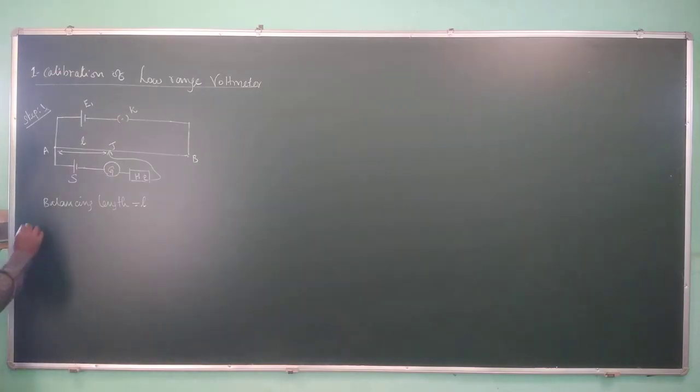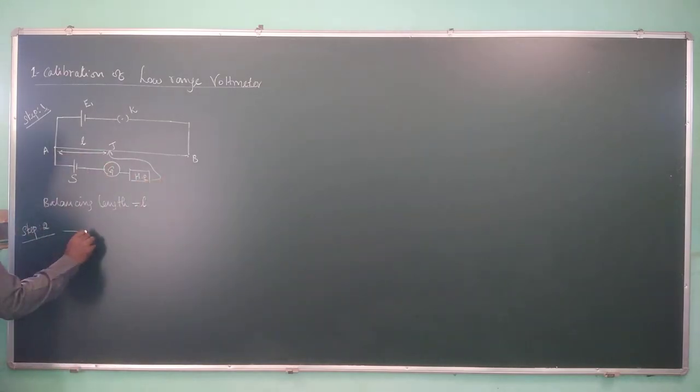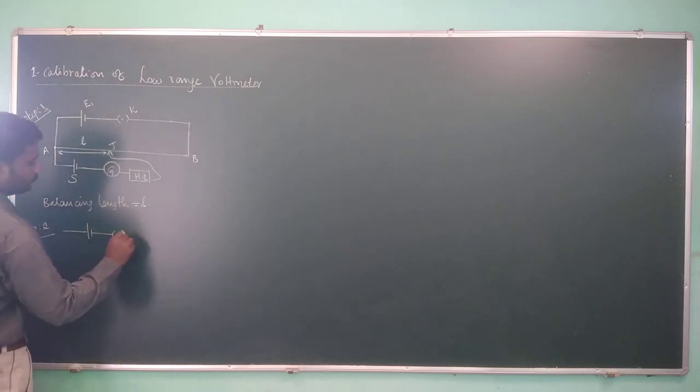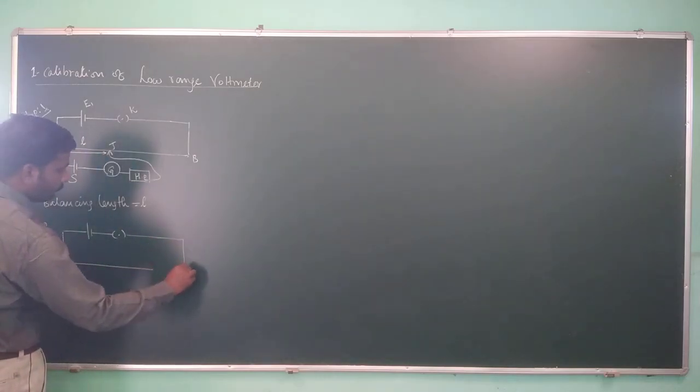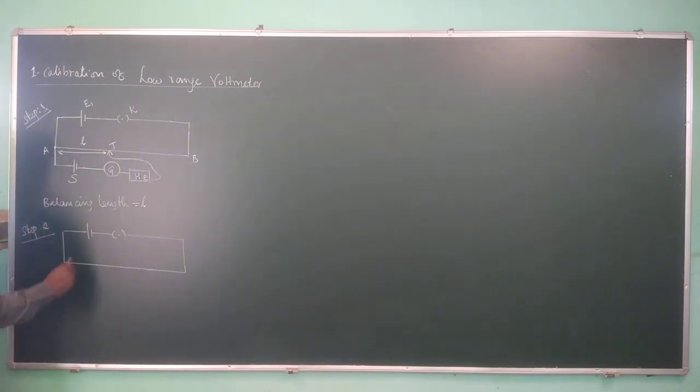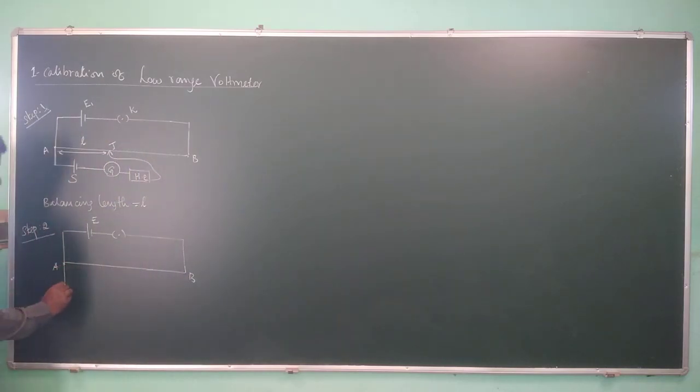Now we will move to Step 2. Here the bottom part is replaced with a slightly different circuitry. This is E, this point is A, this point is B, and we connect this point with a voltmeter.